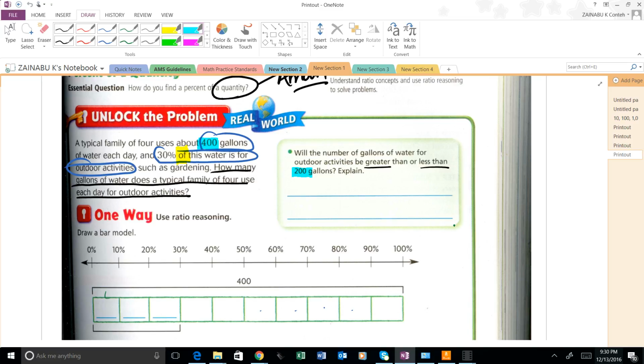I'm going to go one step further, and I'm going to even highlight the word of. I'm sure you know exactly why.